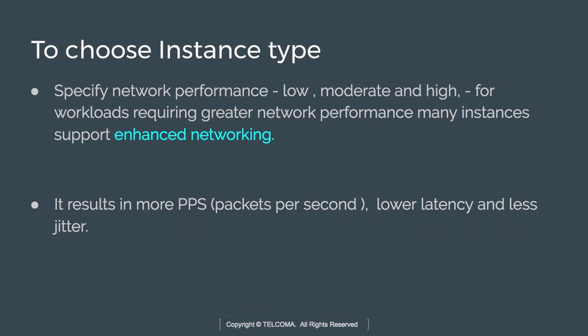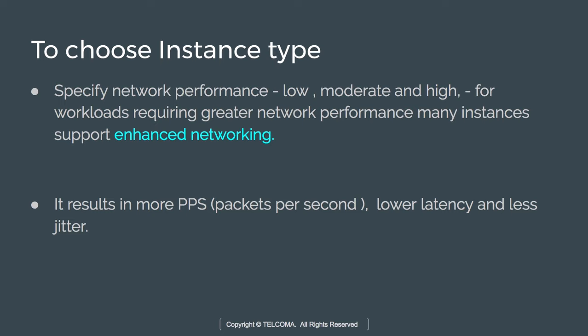Whenever we require to choose an instance, we require to specify network performance, either low, moderate or high. For workloads requiring greater network performance, instances need to support enhanced networking.